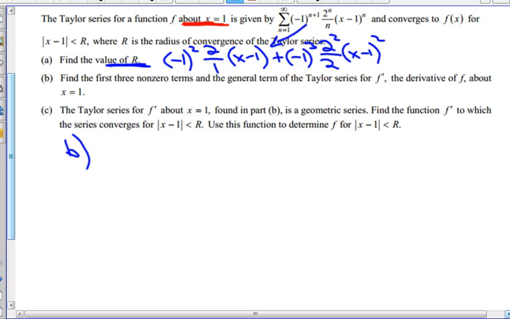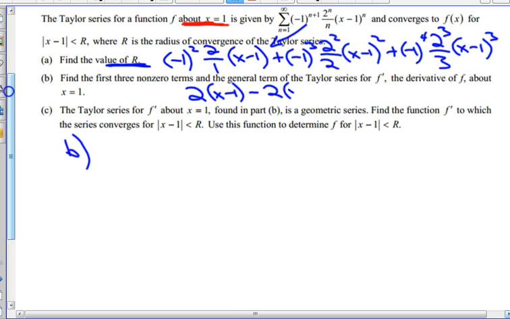And when n is 3, I will get -1 to the fourth, 2 to the third over 3, x minus 1 to the third. And let's simplify that a little bit on the next line. It looks like 2 times x minus 1. Looks like -2 times x minus 1 squared. And it looks like plus 8/3 x minus 1 to the third power.